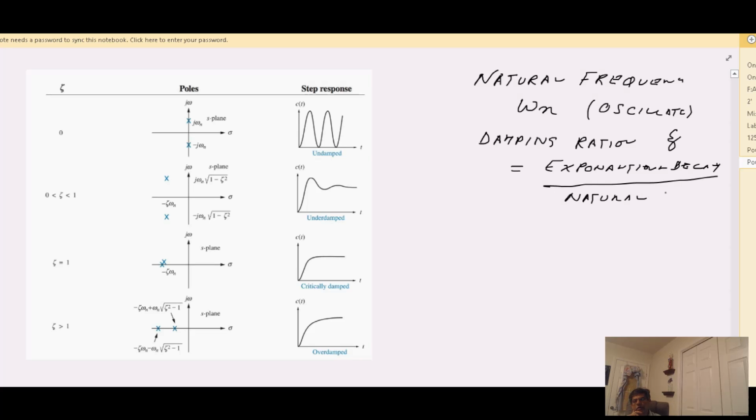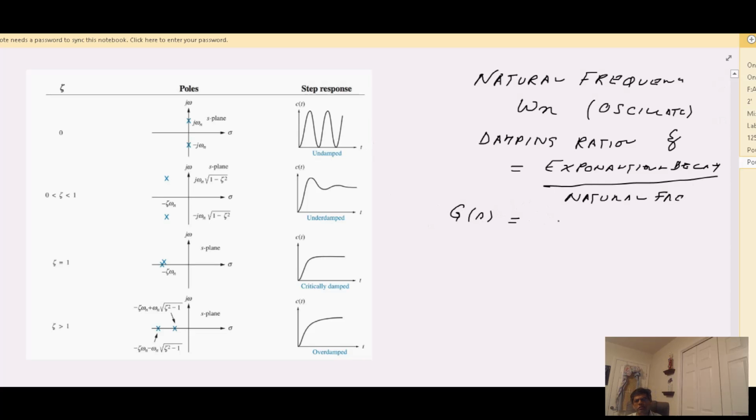This will come a little bit more clearly if we take an example of the damping ratio. However, we have to first look at a second order system and represent it in this format.